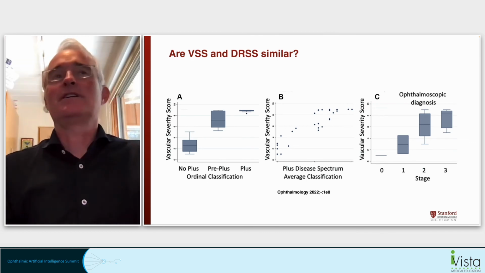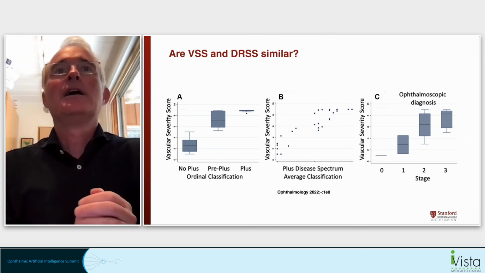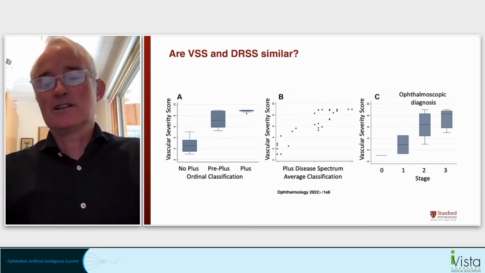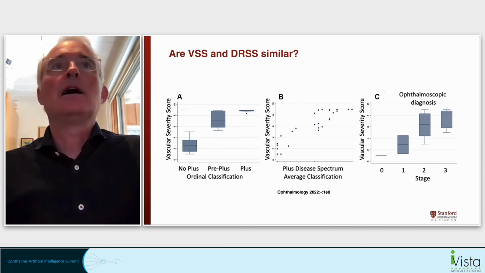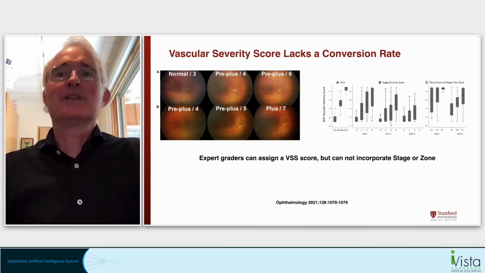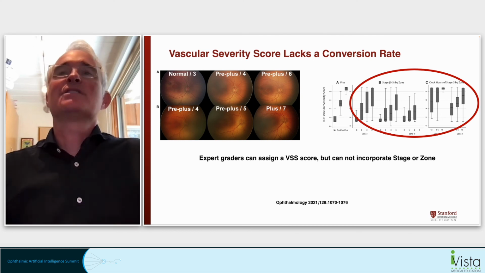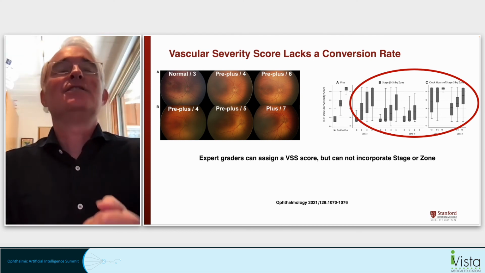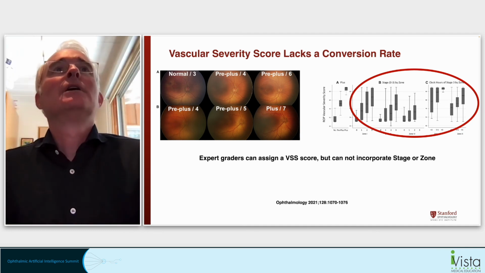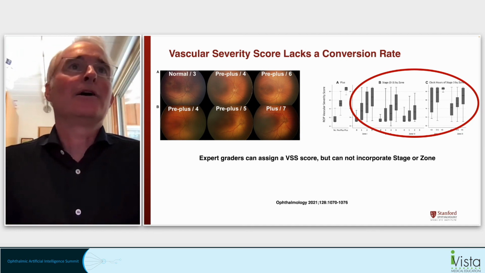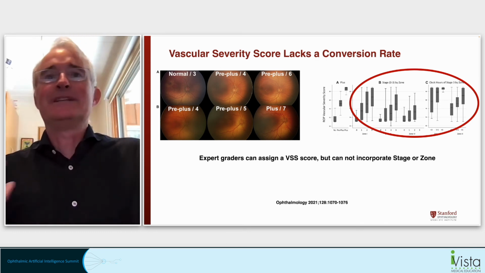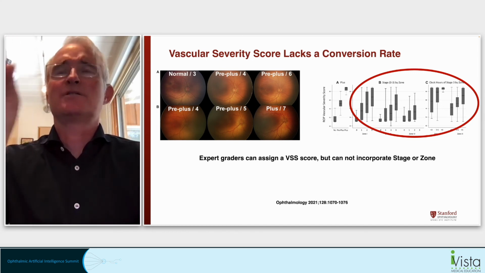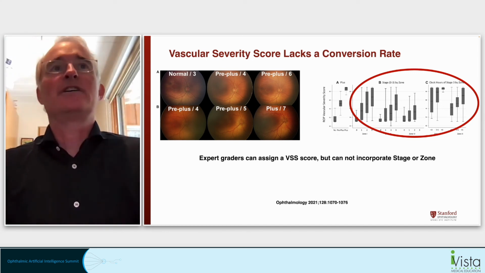Are the vascular severity score and the DRS similar? On many levels they are, in that you're looking at features, you're giving it a score, they've been validated. However, they're not completely analogous because some of what the vascular severity score does is more on the predictive side, using knowledge about what's going on in the rest of the eye from data that's been collected elsewhere to result in prediction of how much stage is present and what severity of stage is present.